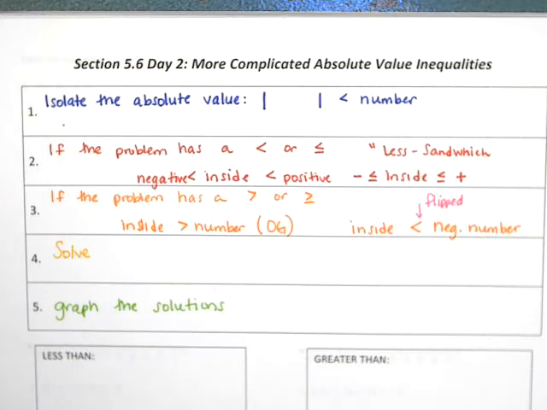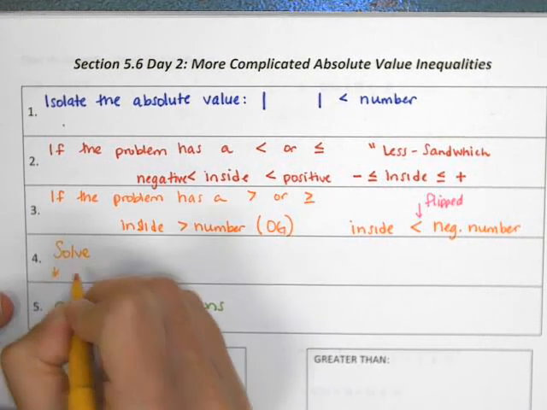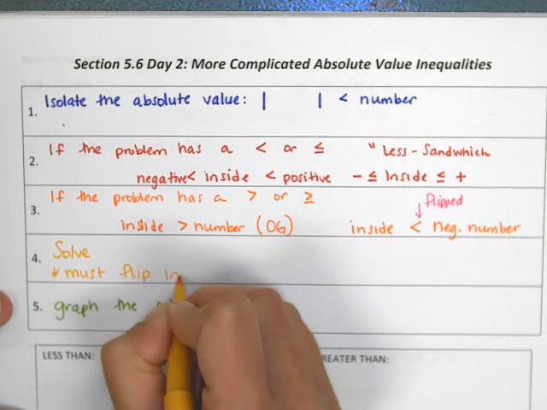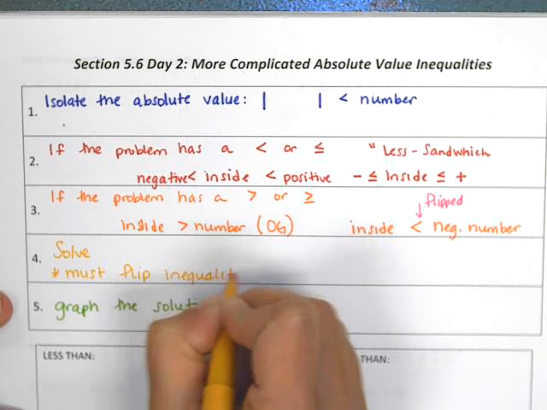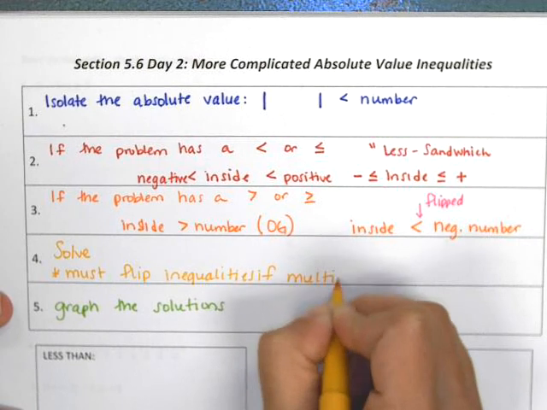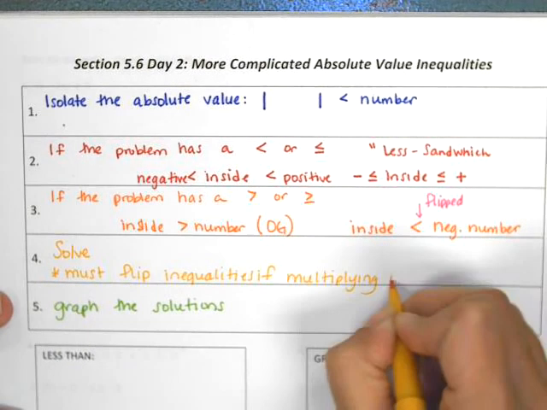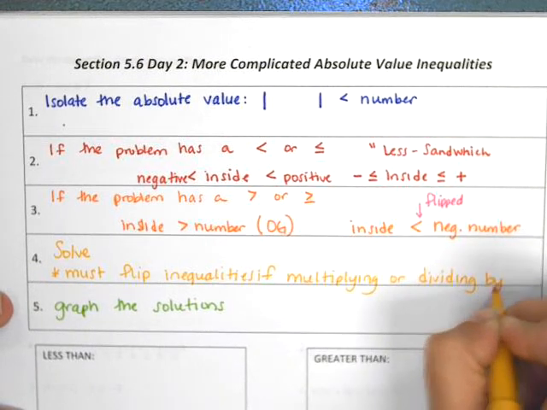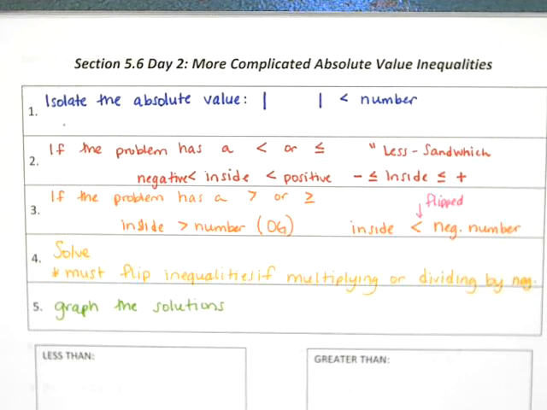Let's make a note in the solve part that you must flip the inequalities if multiplying or dividing by a negative number. The same rule about regular solving inequalities problems still applies here, so we still have to watch out for multiplying or dividing by a negative number.